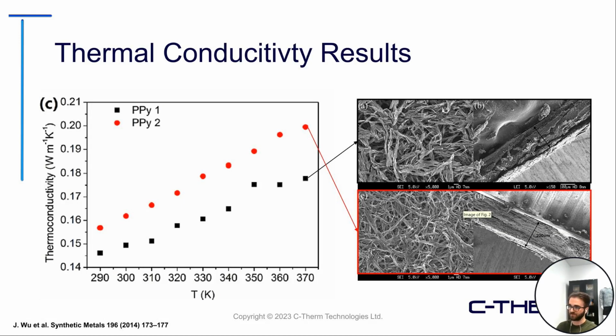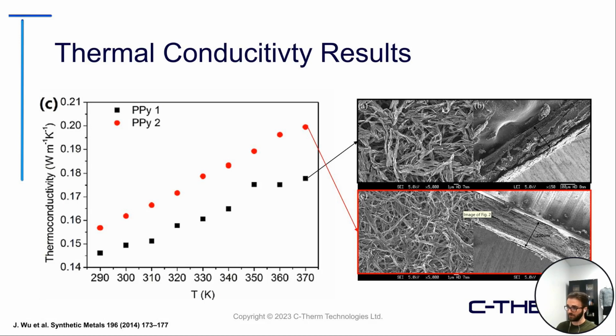Here we can see some results and the trend that was observed across the different temperature ranges for these two samples. We can see the PPY2 film was consistently higher in thermal conductivity, although both of them had a very similar net trend of increasing conductivity as a function of temperature. I read through the paper, and they were basically linking this to the nanostructures of the films, which, because they were produced in two different manners, were a little bit different.